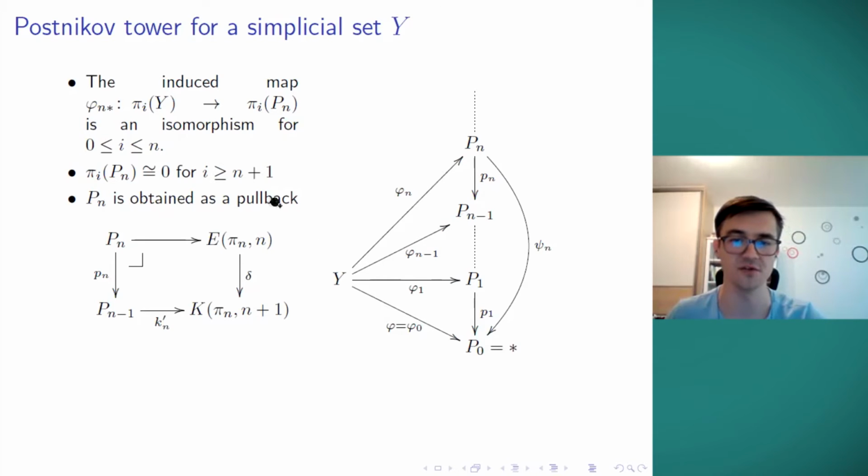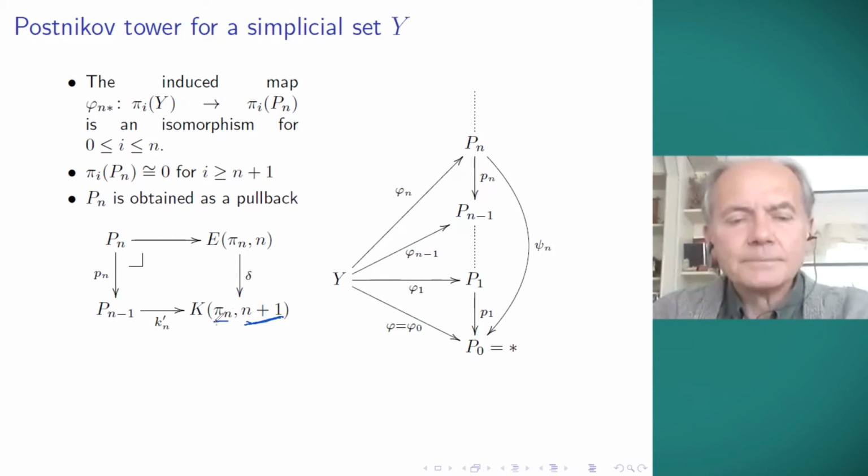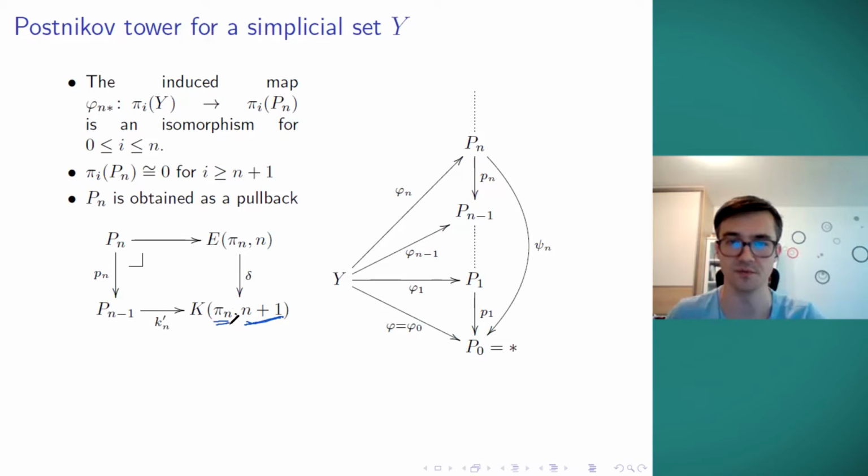Now, how do I construct the next space from the dimension n-1 to dimension n? Okay, I have this Eilenberg-MacLane space. So the Eilenberg-MacLane space has this property that all homotopy information is in this dimension, and this is the only non-trivial homotopy group there.